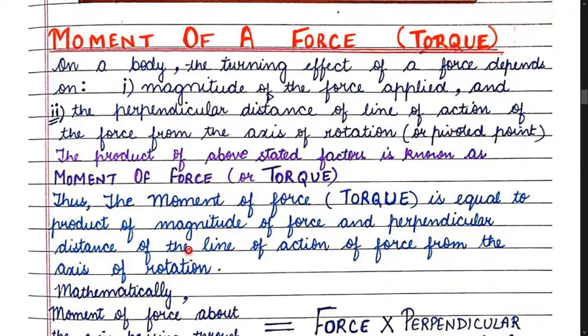Now children, on a body, the turning effect of a force depends on 2 things. The turning effect, that means torque, depends on two things. Firstly, magnitude of force applied.